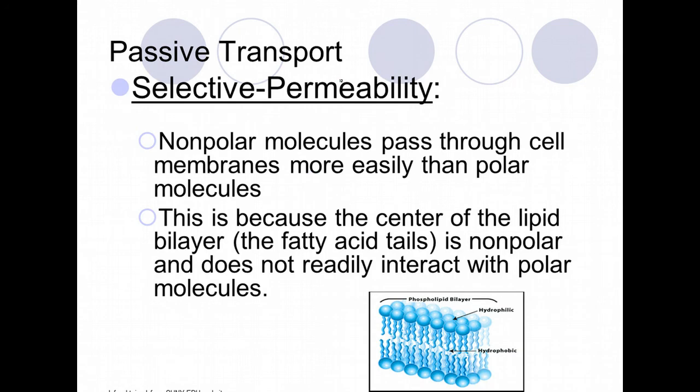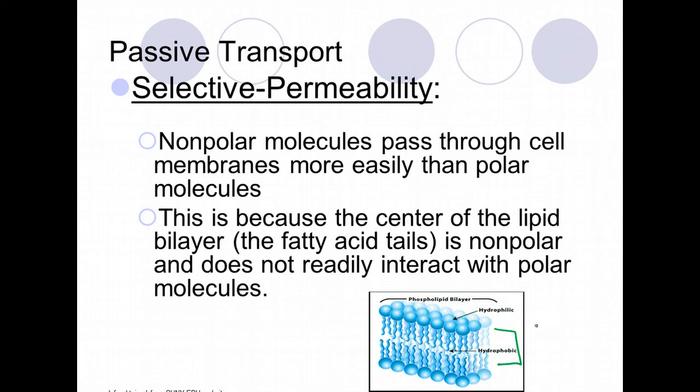The reason that the membrane is selectively permeable is because it only lets nonpolar things through easily. And that's simply because of this hydrophobic region in the cell membrane.